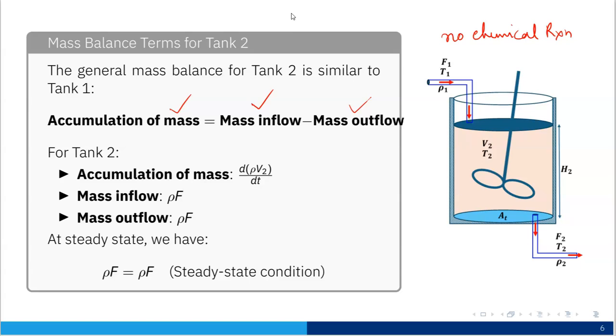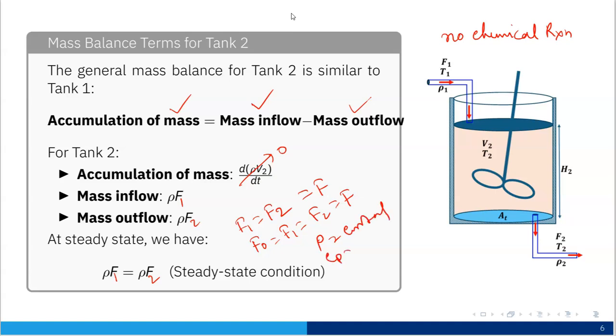Now we have to calculate each term: d(rho V2)/dt, with inflow F1 and outflow F2. At steady state, the accumulation term is 0. So rho F1 is equal to rho F2, so F1 is equal to F2 is equal to F. So we can write F0 is equal to F1 is equal to F2 is equal to F. And in the problem statement, rho is constant and Cp is also constant.